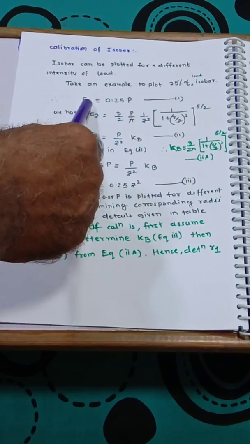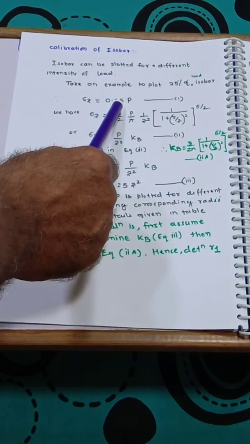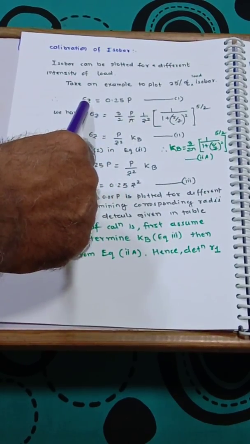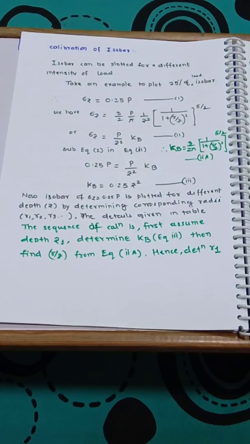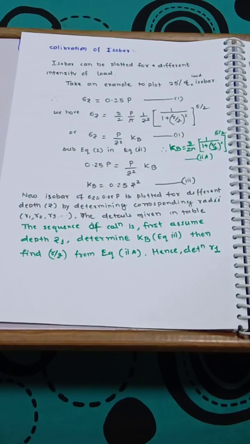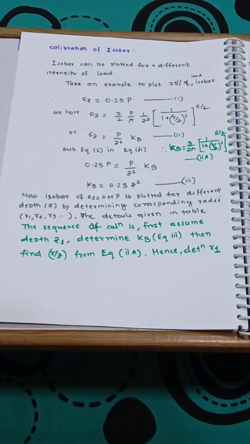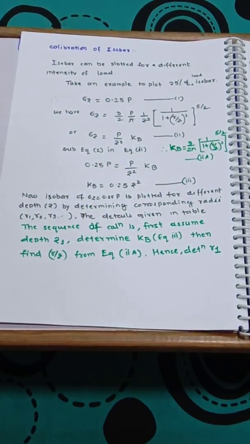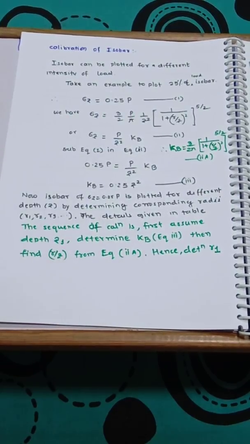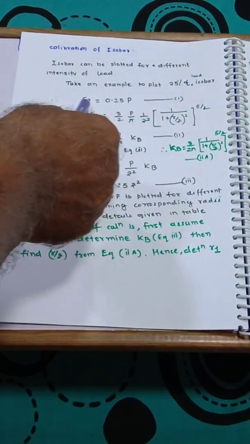So I'm interested to draw a contour having 25% of the load. Then we call it the isobar of 25%, or the 3D diagram, the pressure bulb of 25%. So we can draw it for any required percent. Generally in settlement analysis, 10% or 20% or 25% isobars or pressure bulbs are used for the calculation. So I need this isobar of 25%.